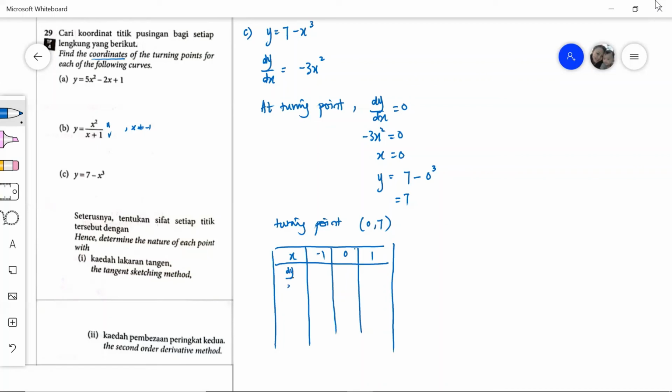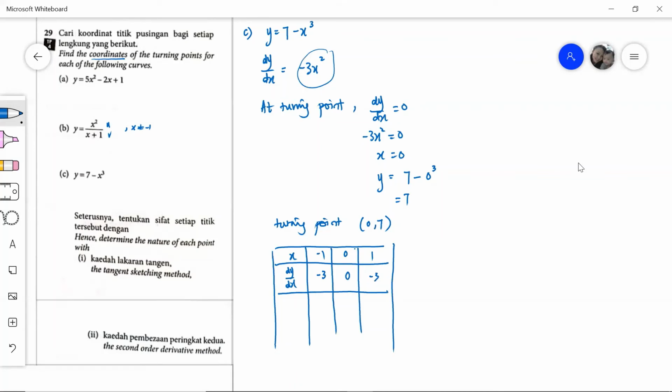So let's check the dy/dx value. When it is 0, it's 0. Okay, when it is -1, we got -3. When we have 1, so put 1 squared times -3, we have -3.